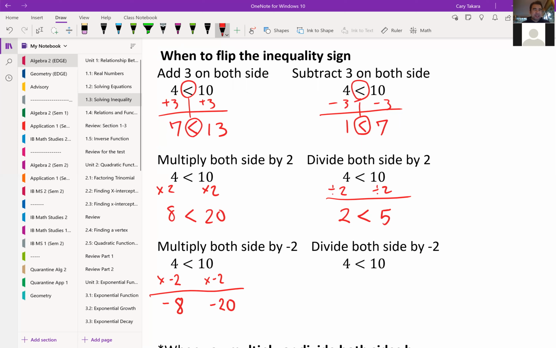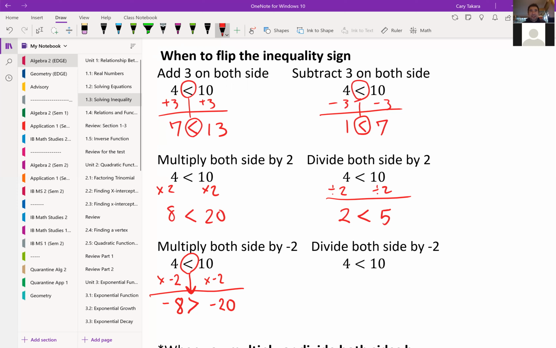Does everybody agree? Negative 8 is a bigger number than negative 20 because negative 8 is less negative than negative 20, isn't it? In other words, less negative is bigger than more negative. Does that make sense? So what happens to the inequality sign? It flips.